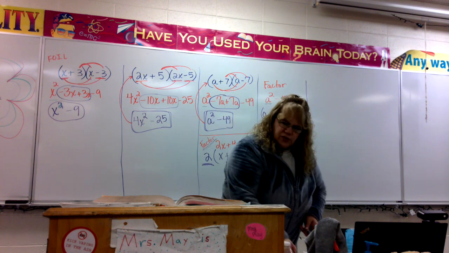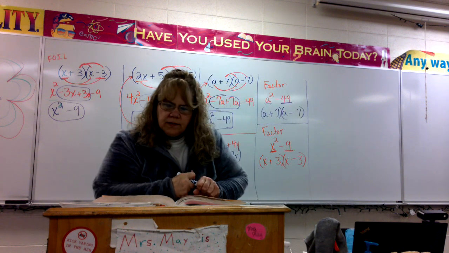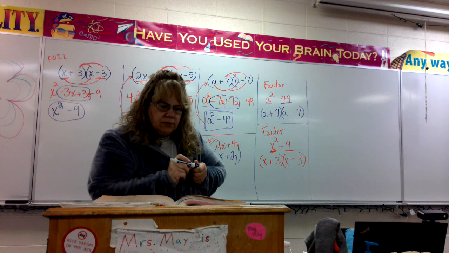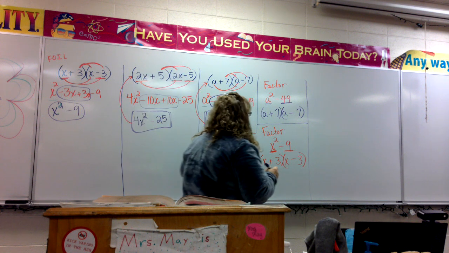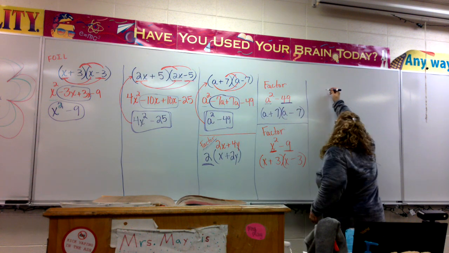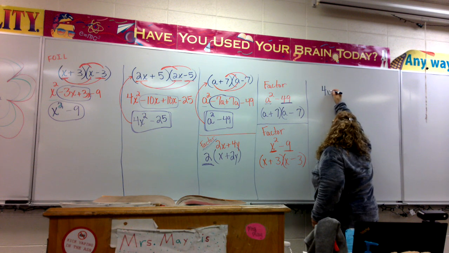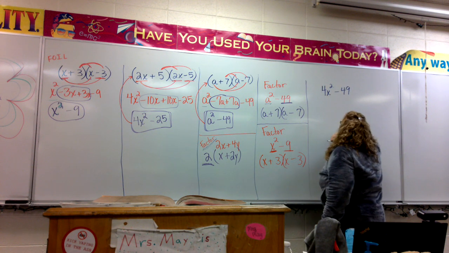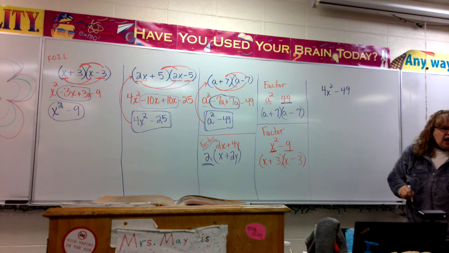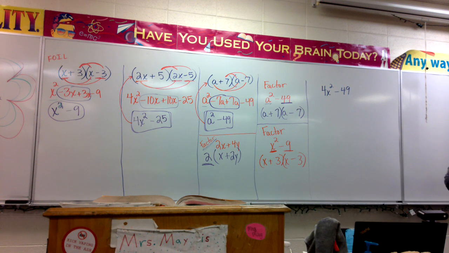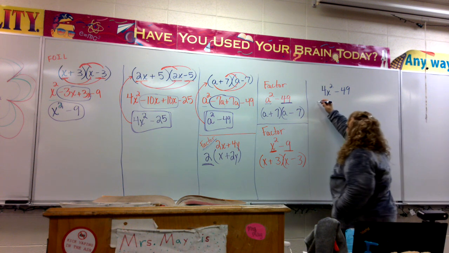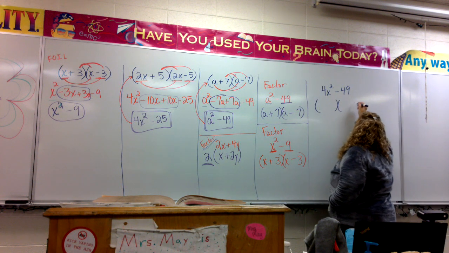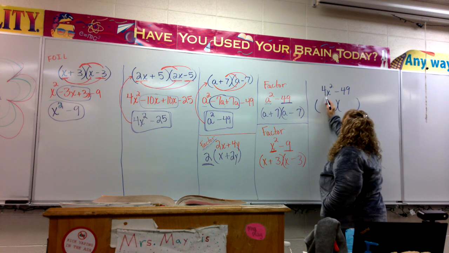So let's see what else we can get here. How about let's try something a little bit more challenging. How about 4x squared take away 49? Is there anything in common with those two? No, there's not. Now I have a 4 there.